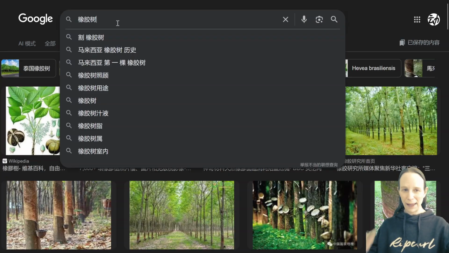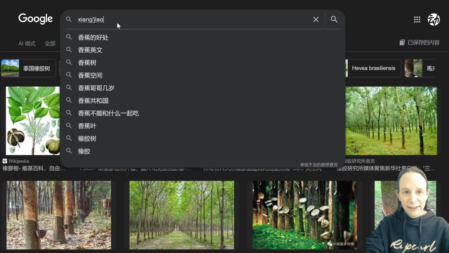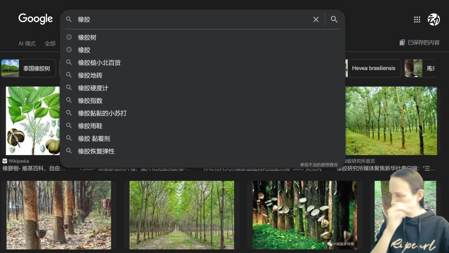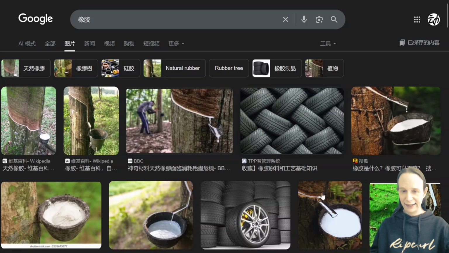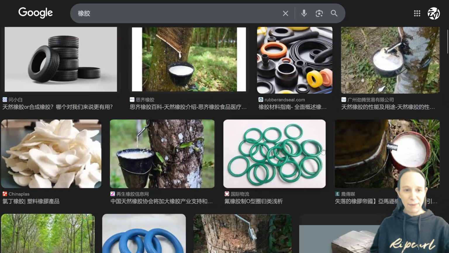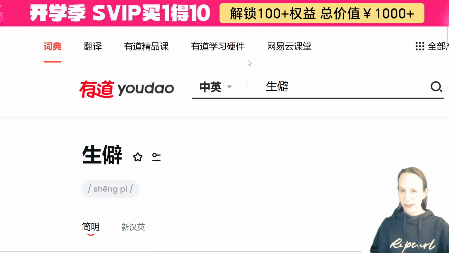There's another one as well. 橡. Sorry. What's the other one? 橡胶. What am I thinking? I don't remember. Anyway, it's rubber. Rubber in the sense of the material, right? Is it rubber in the sense of an eraser?